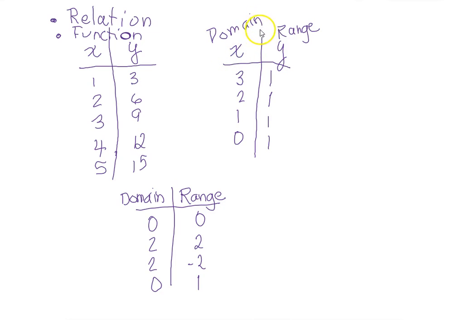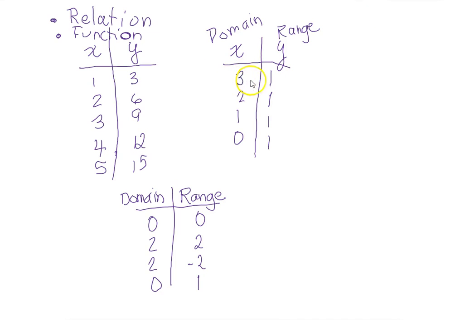Okay, so taking a look at this, I have my domain, I have my X values, and as I look across my range, every single one of these is 1. Now, the question is, do I have at least one answer for each of my values in my domain? And the answer is yes. I have one answer. It may be the same answer for all of them, but it is one answer.